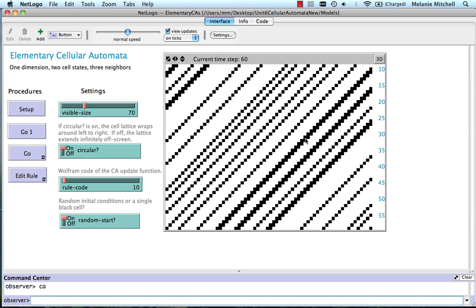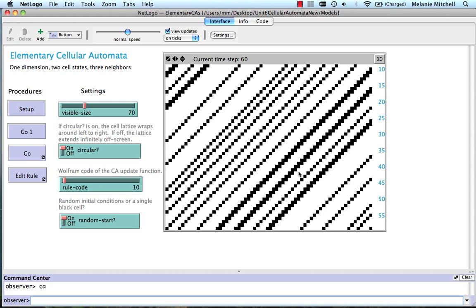Well, it turns out that this is considered to be class 2, a periodic pattern, just because we have this complete repeat of the pattern at each time step, except that it's translated over by a few steps. So this is considered to be a class 2 CA.